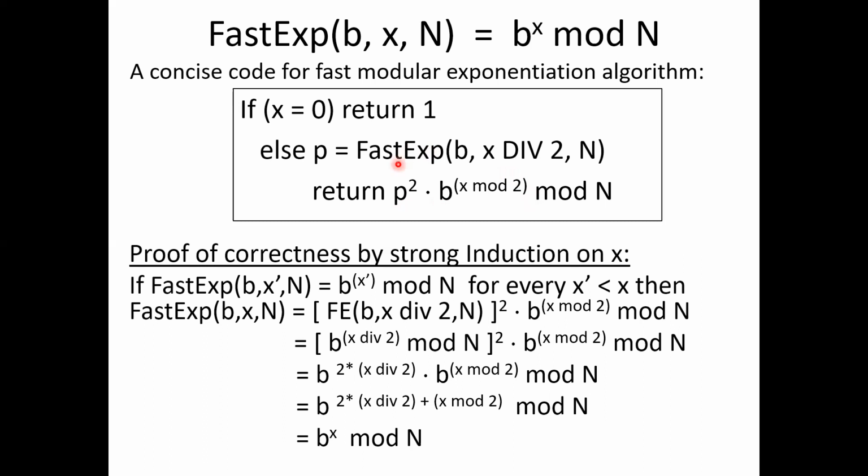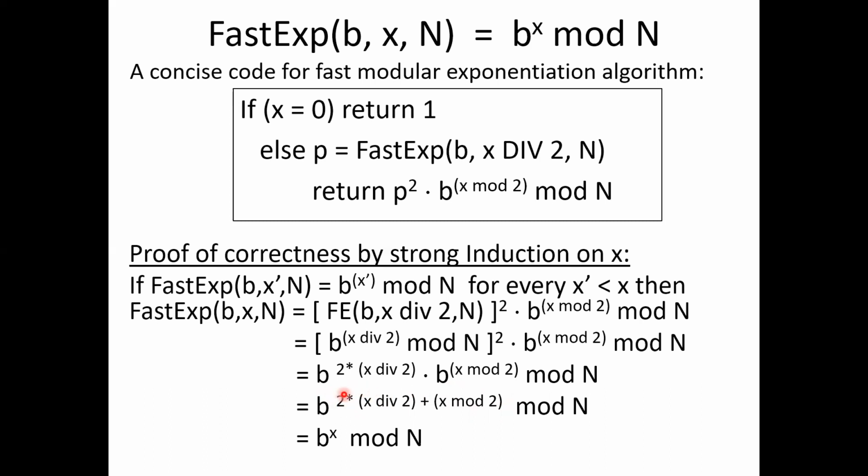Indeed, if this call P returns what it should, which is b to the x div 2, then if I square that, I get b to the x div 2 squared. And if I multiply by b to the x mod 2, I get it here. And now because it's the same base, these exponents get added. And this is indeed x, right?